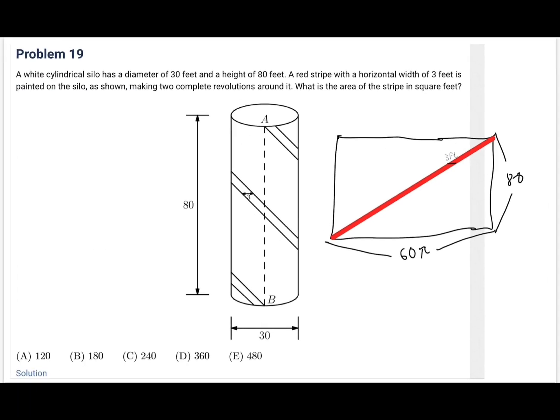Okay, so if we push this bar to be like this, then the area would still be the same, right? So if we try to get the area of this one, that's much easier, right? Because you have only the width, which is 3 feet, and this whole thing is 80 feet, right? So the area is 240, so the answer is C.